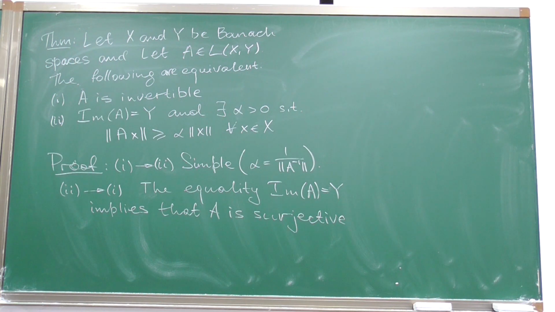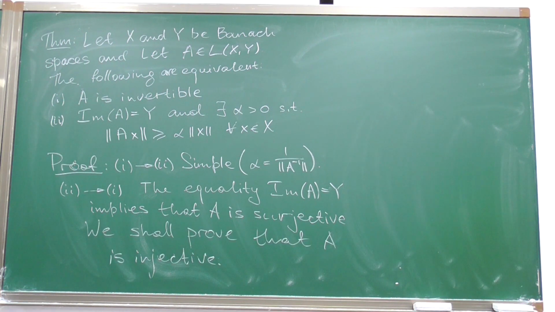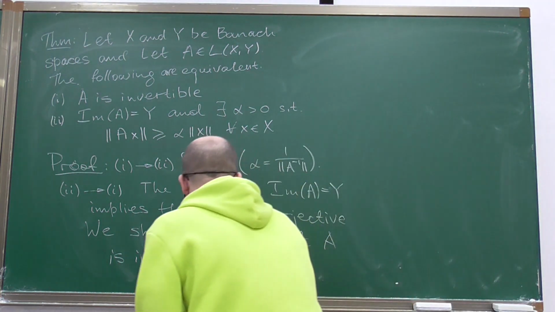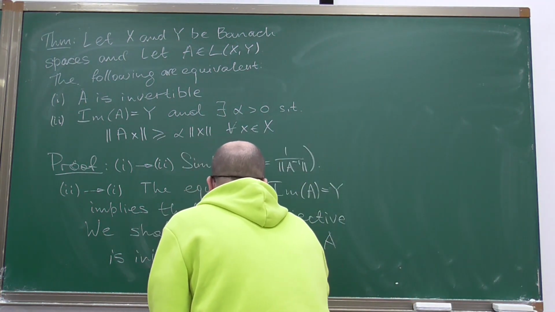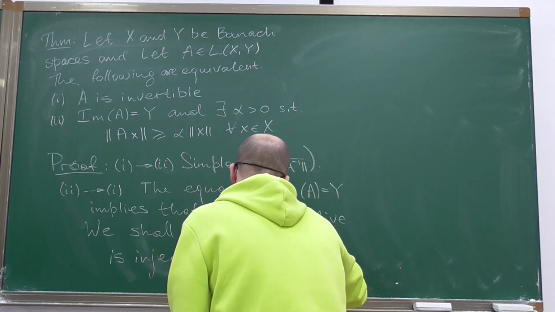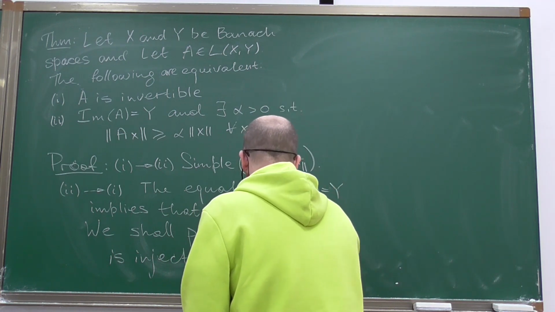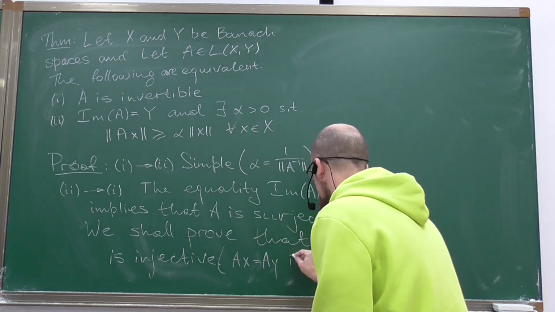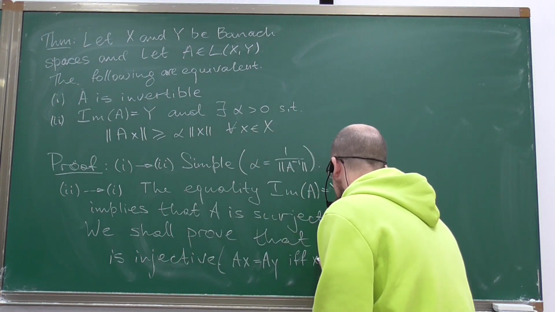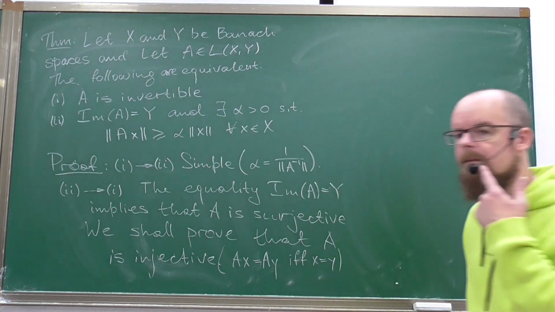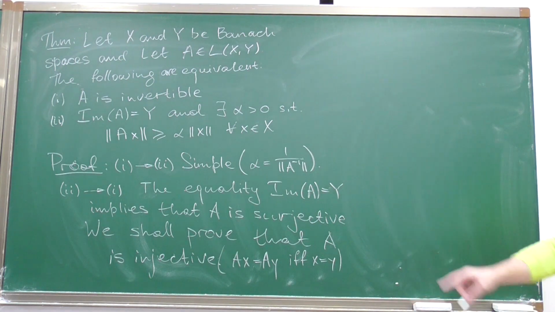So what we need to prove is that it is injective, which means that A of x equals A of y if and only if x equals y. Or equivalently, injectivity means that the kernel of A consists of 0 only.